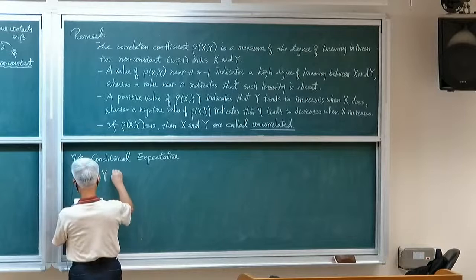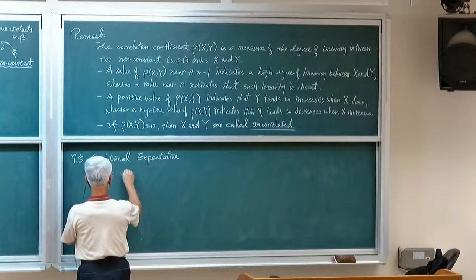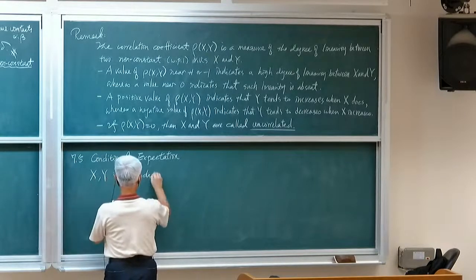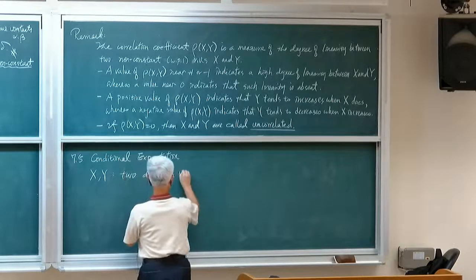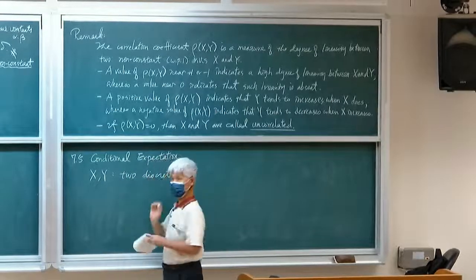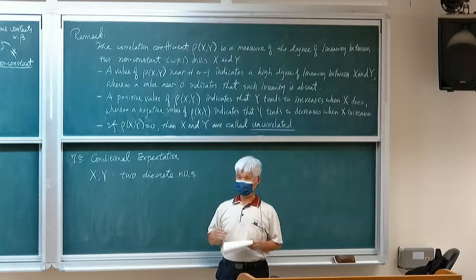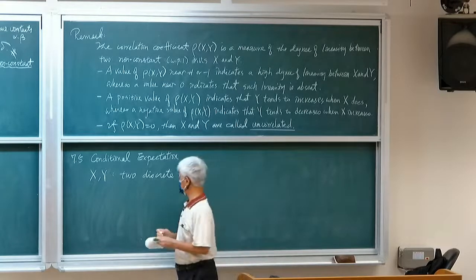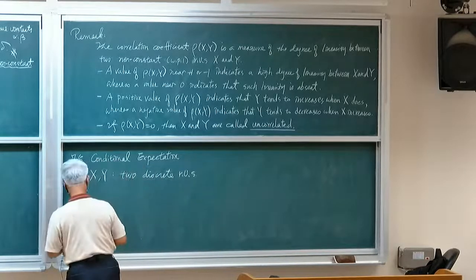Suppose X and Y, so we start with two discrete random variables. All right, we start with the simple case: X, Y, two discrete random variables.